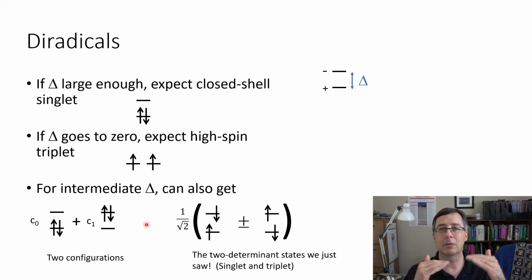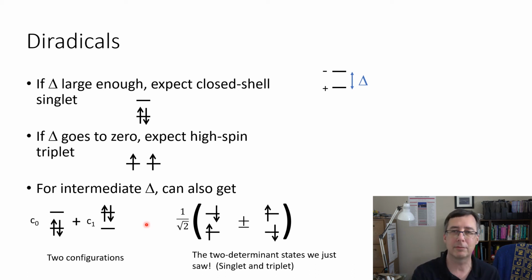And they may be so close that you may have to run higher levels of theory to appropriately describe this. And that can be a little tricky if you're in this two configuration regime, because maybe you need to do some kind of CI or perturbation theory on top of these two configurations being treated with nearly equal weights, and that means you need a multi-reference or multi-configurational method, which gets to be an advanced approach. So diradicals can basically be tough.